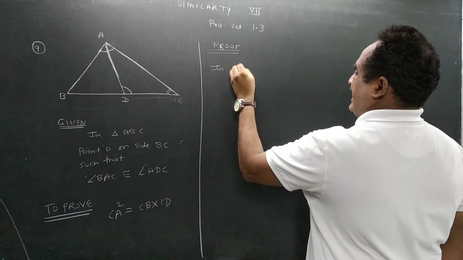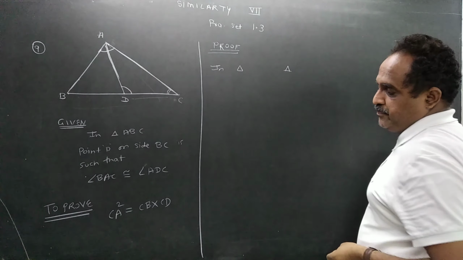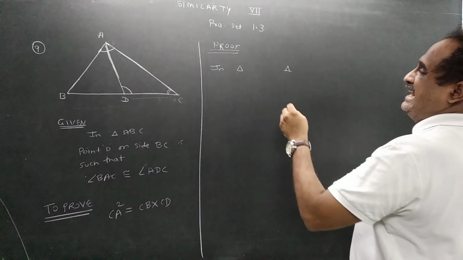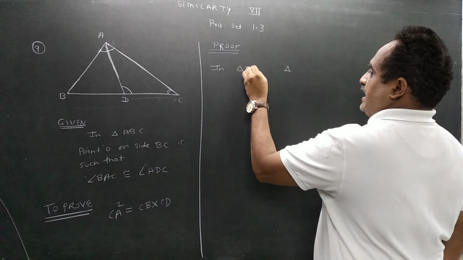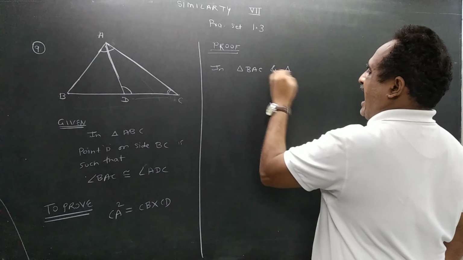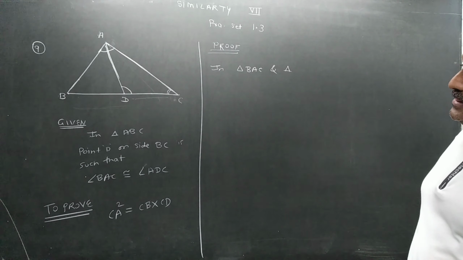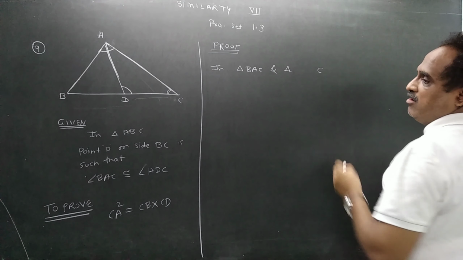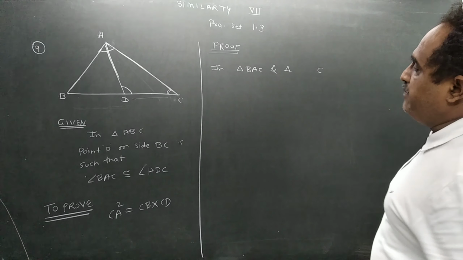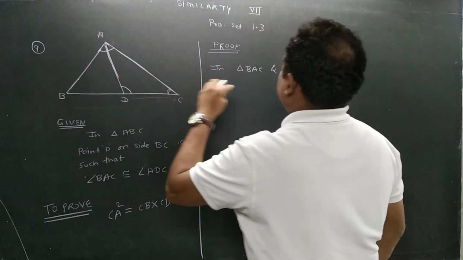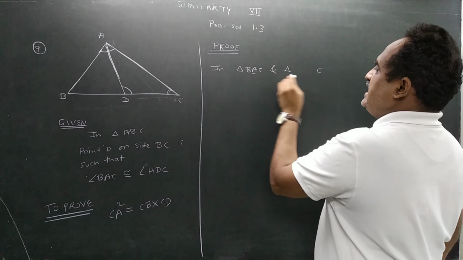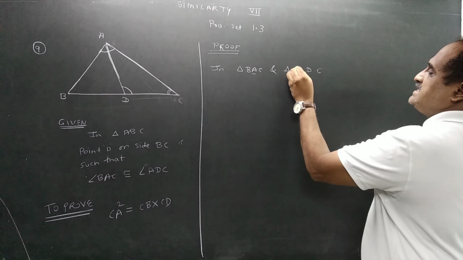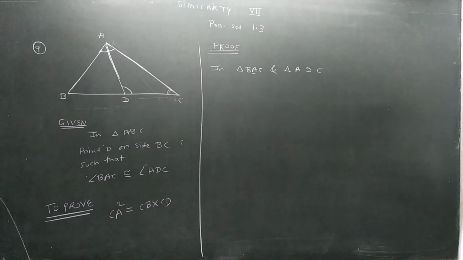So I am going to write in triangle and triangle. अगर मैं BAC लेता हूं, triangle BAC, and in this case C is the common angle, तो last angle will be C और BAC के साथ हमें ADC लेना है, तो BAC के साथ या D लेंगे, तो ultimately BAC and ADC will be the two triangles.